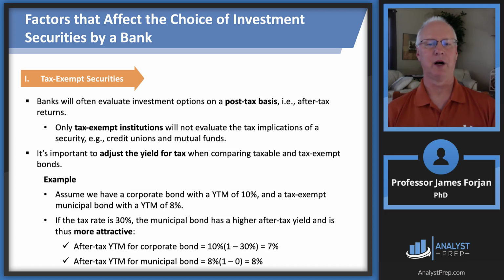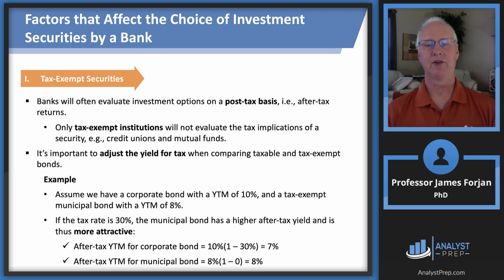Let's compare 2 bonds. Corporate bond, yield to maturity of 10, tax-exempt municipal with the yield to maturity of 8. So upon first glance, what do we think? Oh, we'd much rather have 10 than 8. But remember that those tax-exempt municipal bonds means that when you receive those interest payments, you can just celebrate and say, dear IRS, I don't have to report this to you.